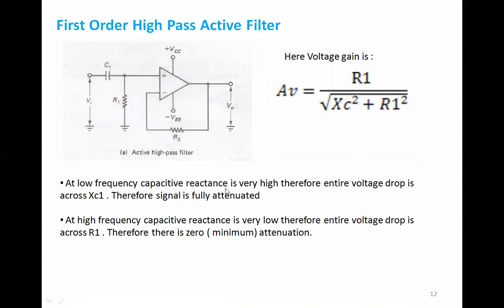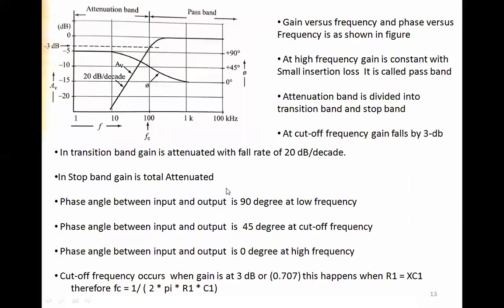Next, now what is going to be the characteristics of this? At lower frequencies, there is going to be a transition period. So I can call this a stop band, a transition band, and then pass band, right?